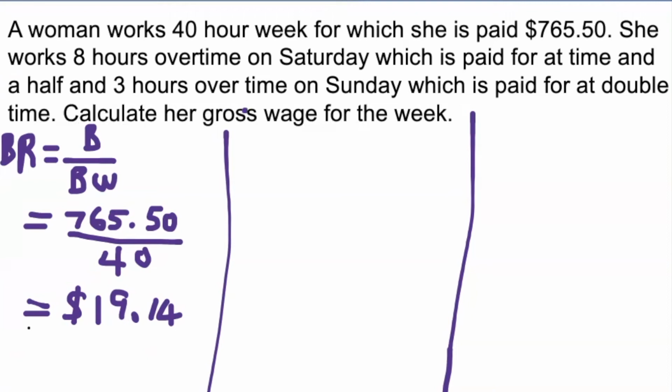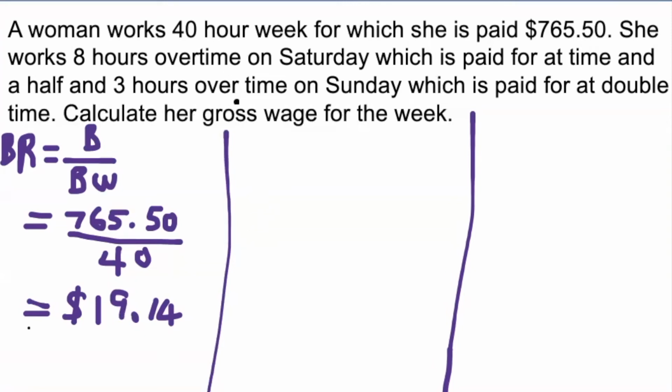For overtime, we have to calculate the new overtime rate because if I'm working overtime at time and a half, it means that the rate is no longer $19.14, but the rate will be 1.5 times this. So it's a new rate.